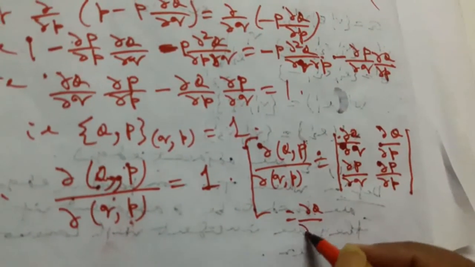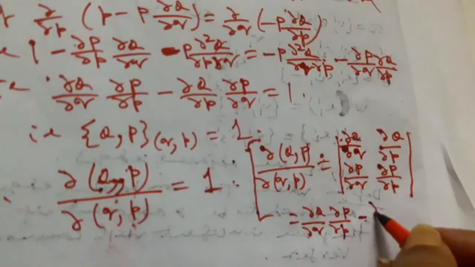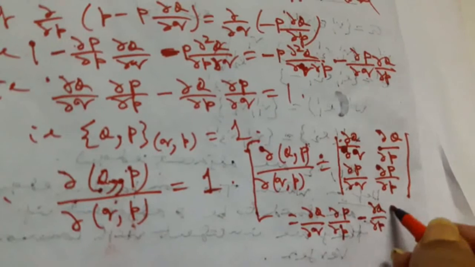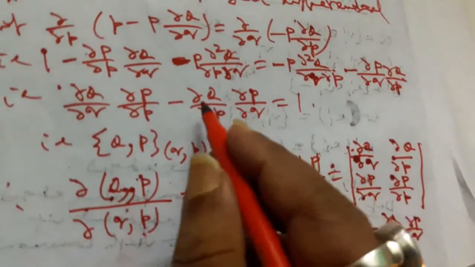If we break this, we find del Q del q del P del p minus del Q del p del P del q. We already got this result. This will be 1.